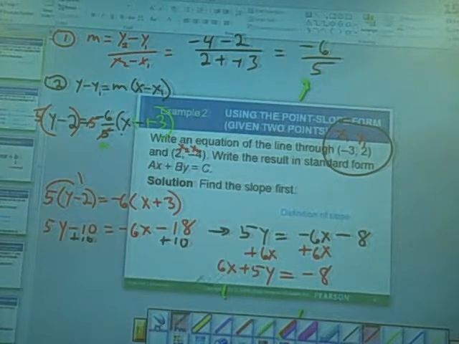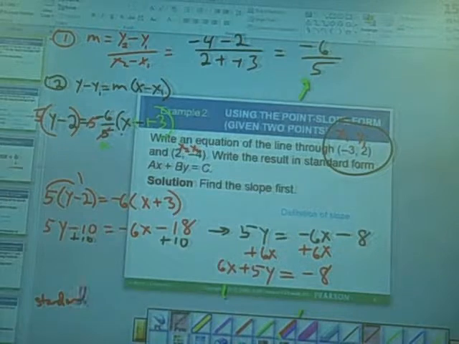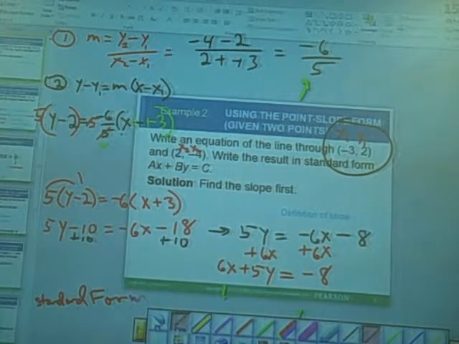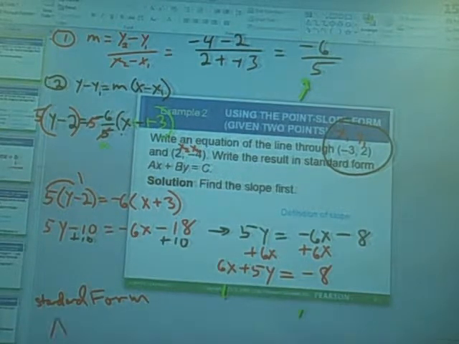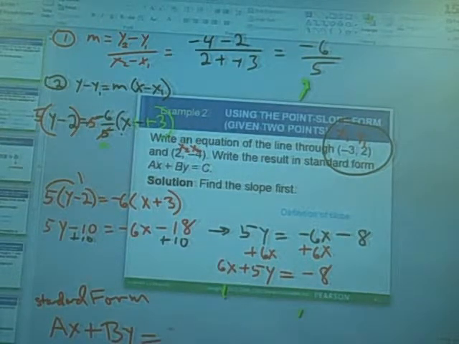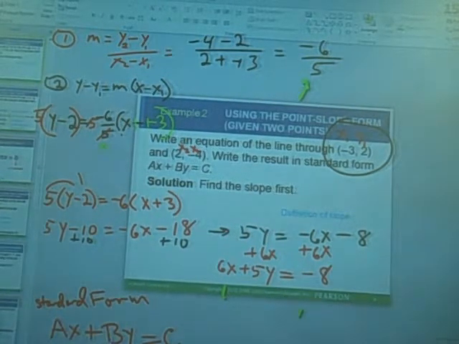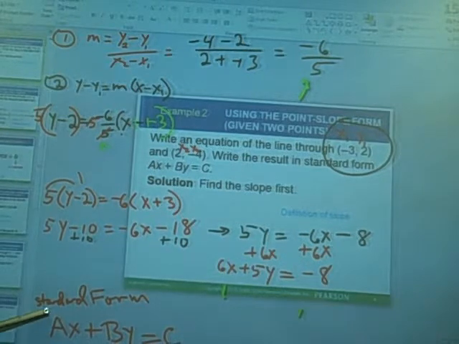So standard form is where you have ax plus by equal to c. Now the x may be negative or the y may be negative, but basically in standard form the x's and y's are on the same side of the equal sign.